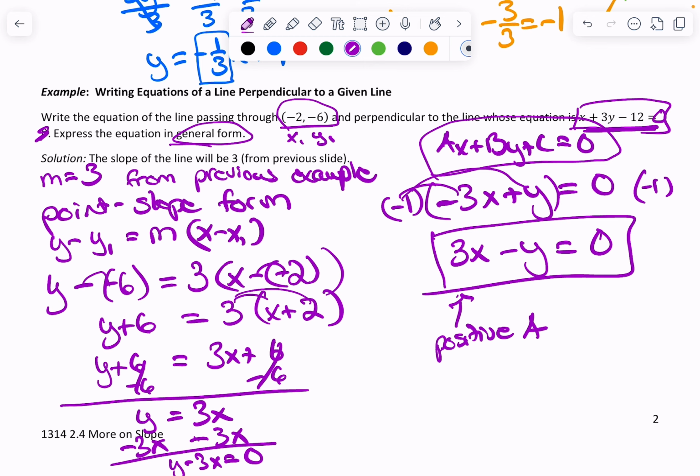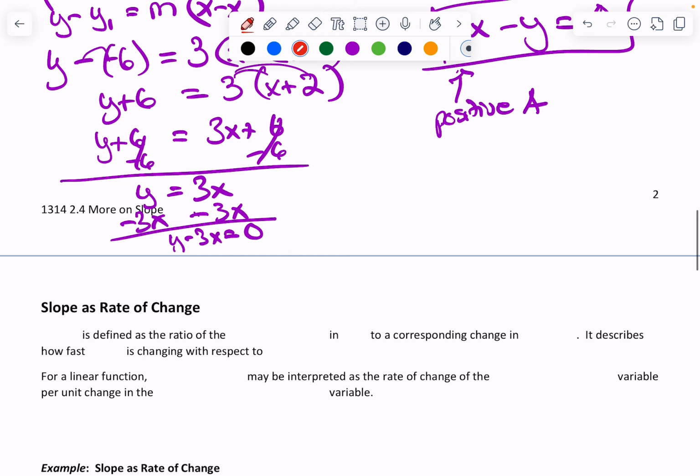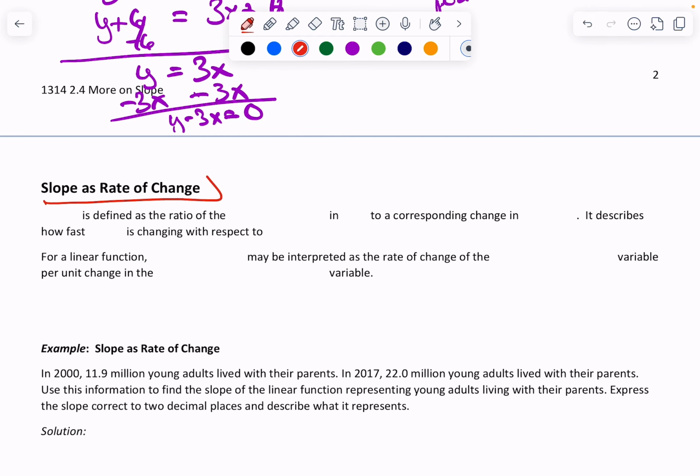Okay, next we're going to look at slope as a rate of change. Remember, it's rise over run, and that's what we're going to be talking about. So slope is defined as the ratio of the change in y to a corresponding change in x. This is the rise, and this is the run.